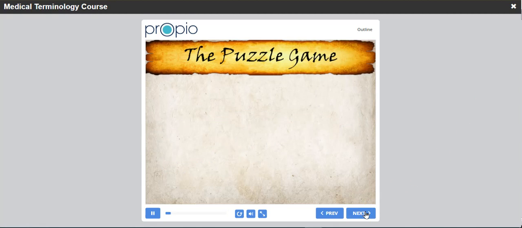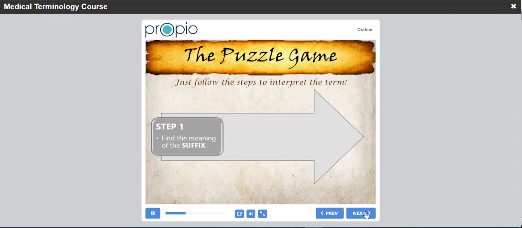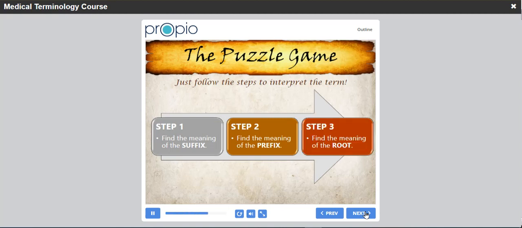Let's play the puzzle game. Just follow the steps to interpret the term. Step 1. Find the meaning of the suffix. Step 2. Find the meaning of the prefix. Step 3. Find the meaning of the root. Now put it all together and interpret the meaning.